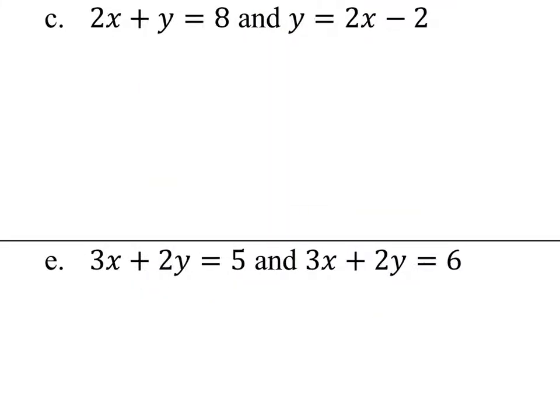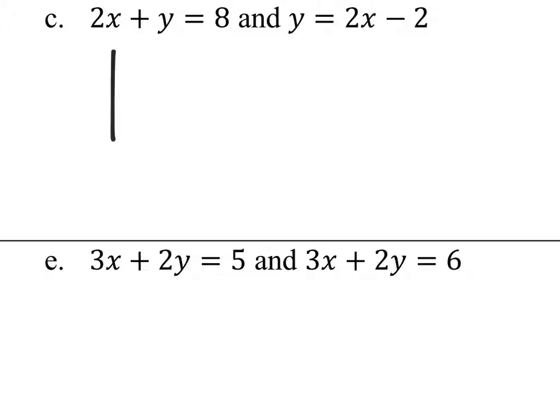It's math. Here we go. C: one, none, or all? This one has none.